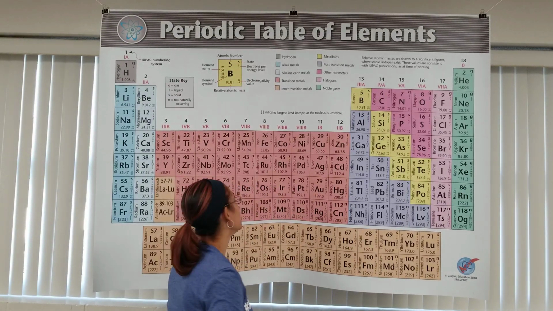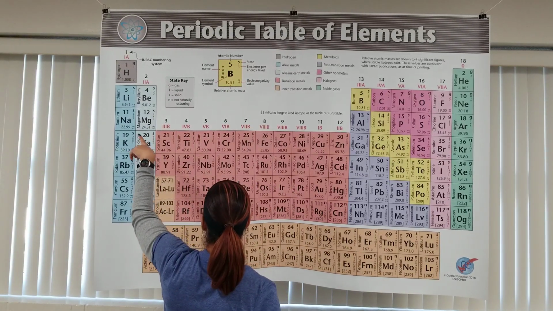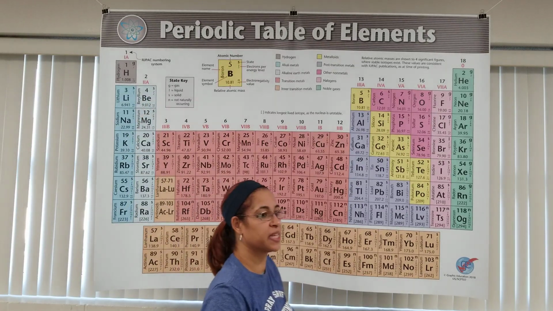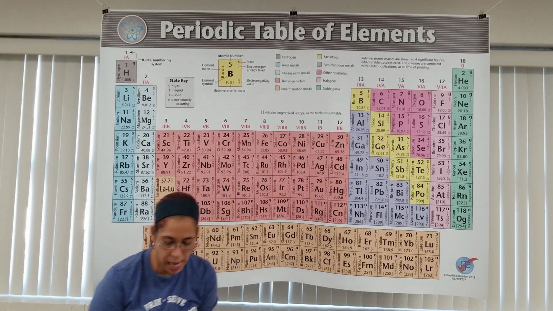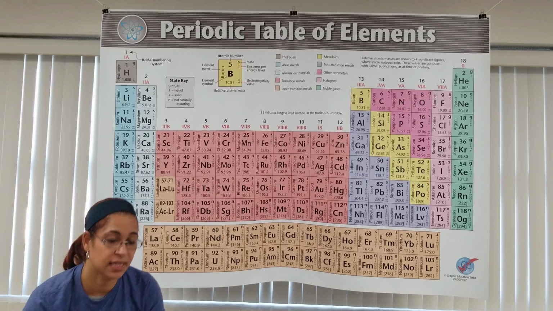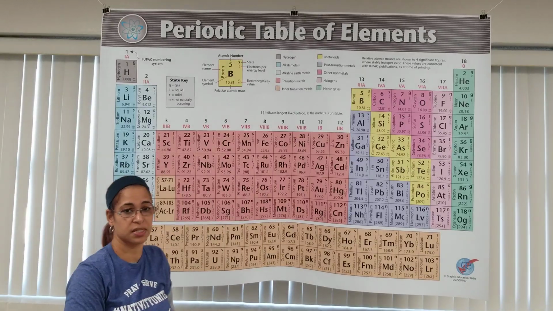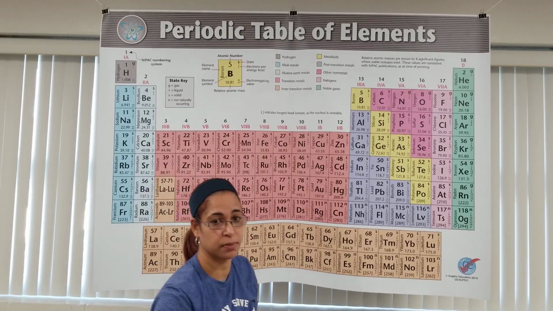So, if you look at hydrogen, hydrogen's placement is a little bit different than the rest of the placements on the periodic table. Okay, hydrogen does not fit the majority of the characteristics of the elements in the period or the group 1.